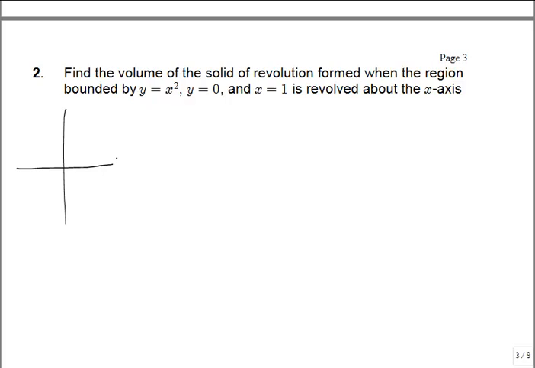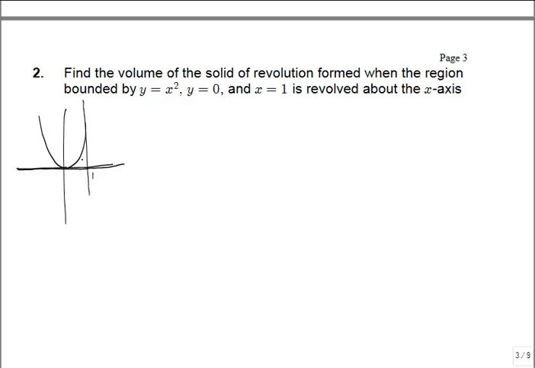We want y equals x squared, which is a parabola that goes up to the right and up to the left. Y equals 0 is the horizontal line, which is the x-axis, and x equals 1 is just a vertical line at a distance of 1. So what region is bounded by all three of those?